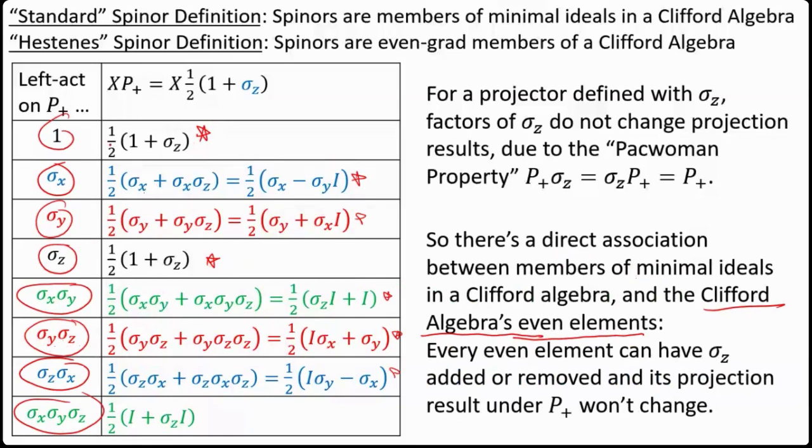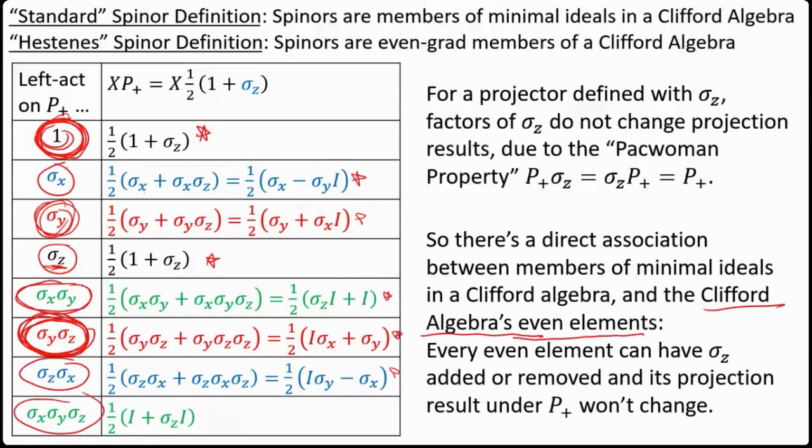For example, the black terms, I can pick 1, which is an even element, to represent them. Sigma z is an odd element, but it's kind of the same thing as 1 because the sigma z's just get tossed away. Or this is an even element here, y, z. That's kind of like the same thing as y because the sigma z gets thrown away.